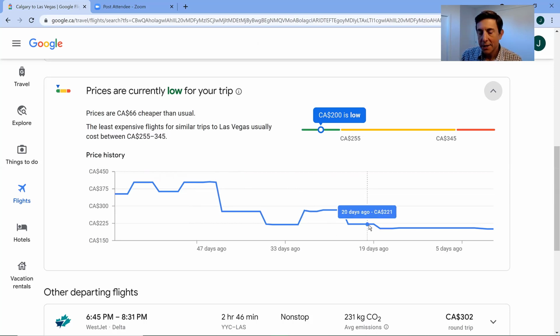Now, Google is assuming in its recommendation that the price may go up again to this orange yellow area, which we can define as the interquartile range from 255 to 345. So 255 will be, let's say, the 25th percentile, the P25, and the 345, let's assume, is the 75th percentile, the P75.